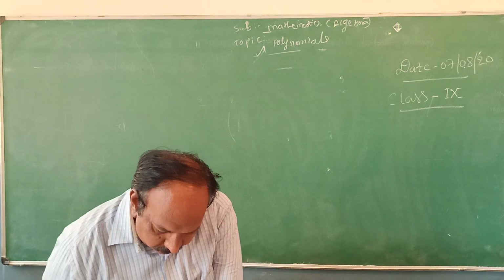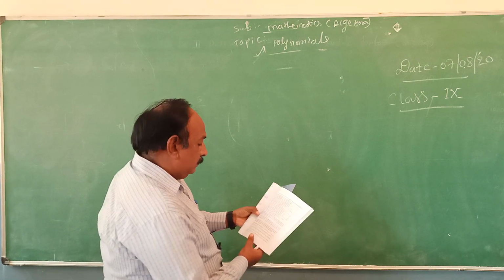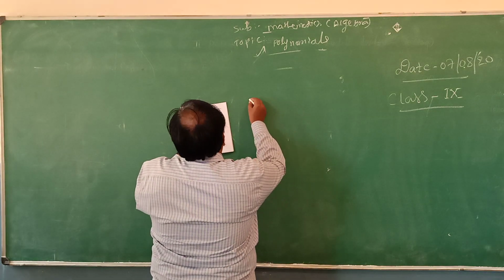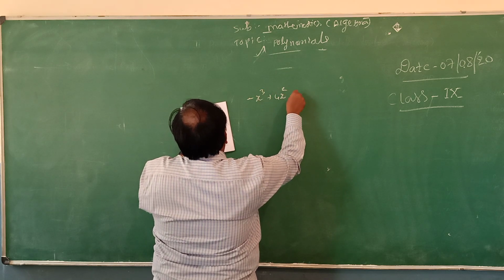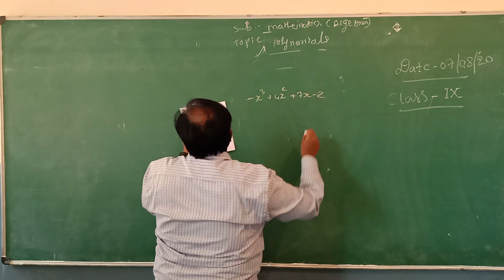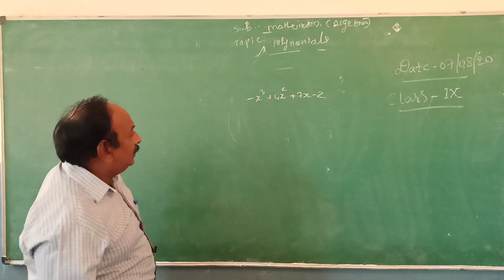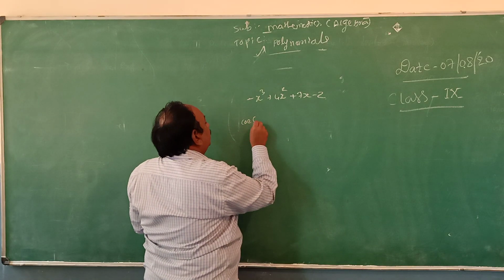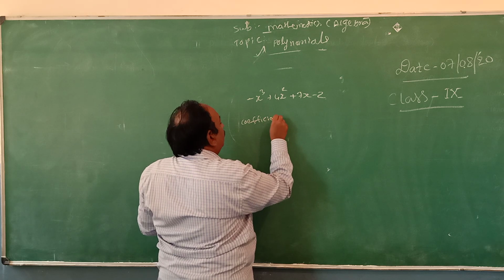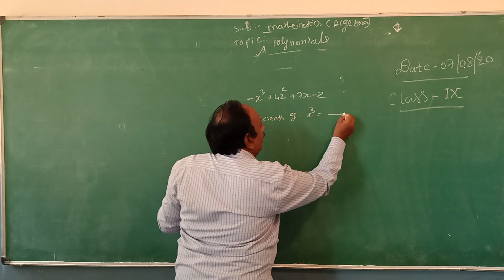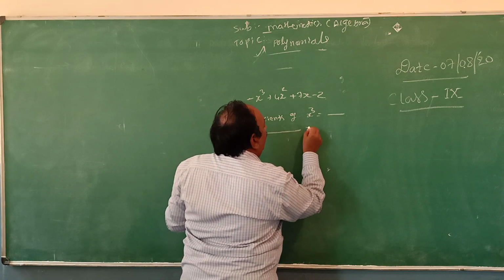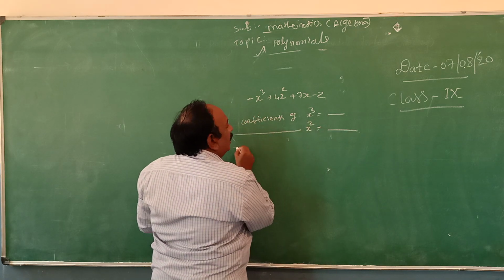Now, minus x cube plus 4x square plus 7x minus 2. Next is the coefficients. The coefficient of x cube is dash. The coefficient of x square is dash.